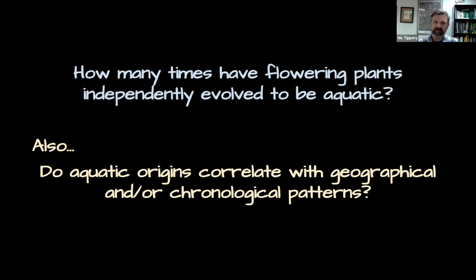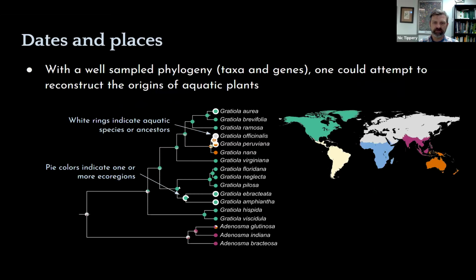Two big questions: how many times have flowering plants evolved to be aquatic, and are there any patterns that go along with that, spatial or temporal? So I'm going to show you a couple of images like this. This is a phylogeny. Basically, I reconstructed new phylogenies as much as I was able using available data, and put onto that a biogeography estimation.